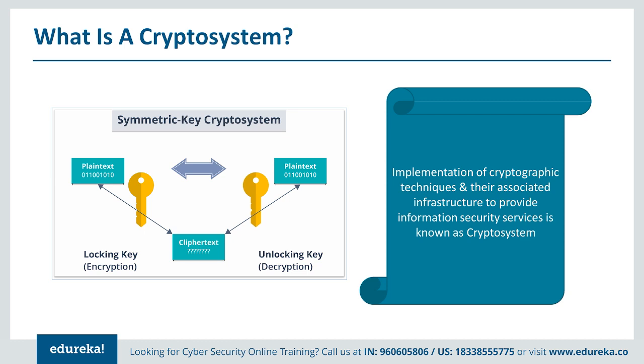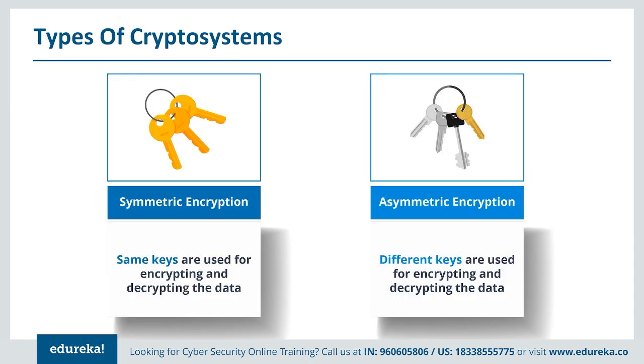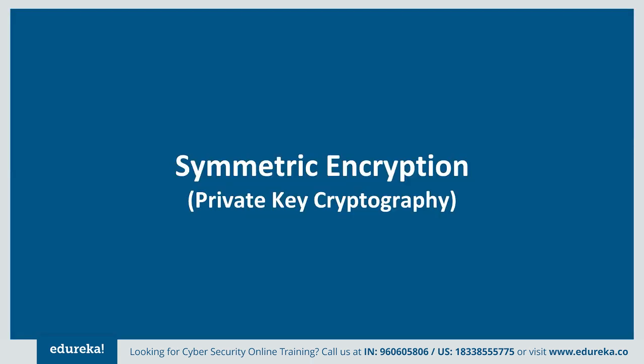In the same example, we'll be using a plain text and locking the text with the same key and using the same key for decryption. The types of crypto system: the same key used for encryption and decryption. Asymmetric encryption uses different keys for encryption and decryption of the data. You can also call asymmetric encryption public key encryption. Symmetric encryption is private key encryption.